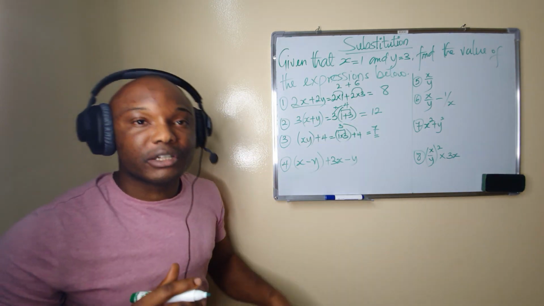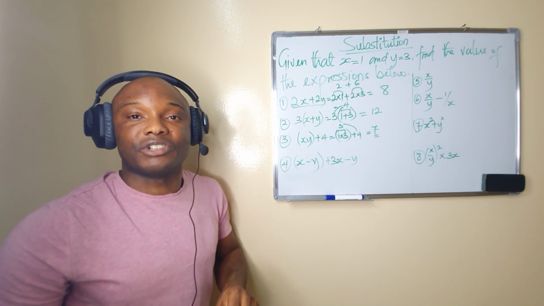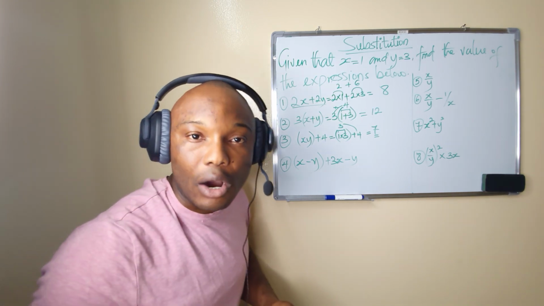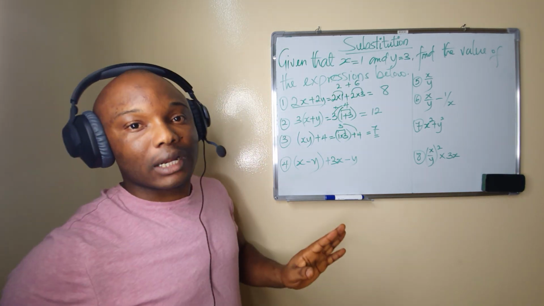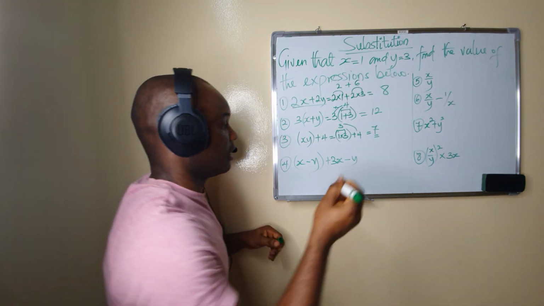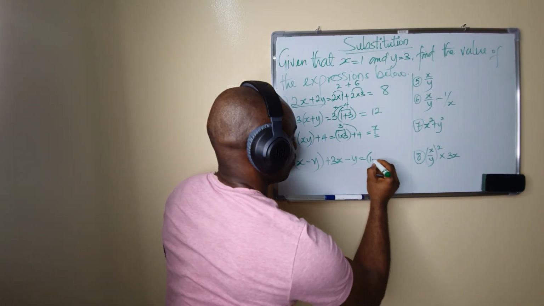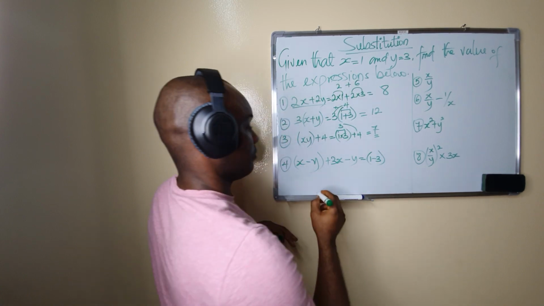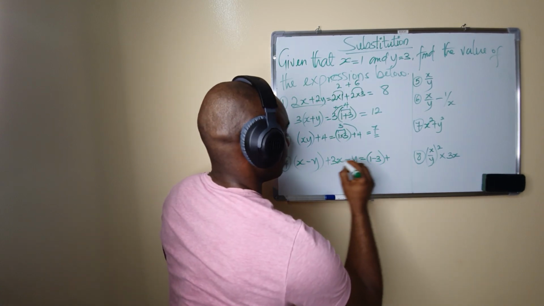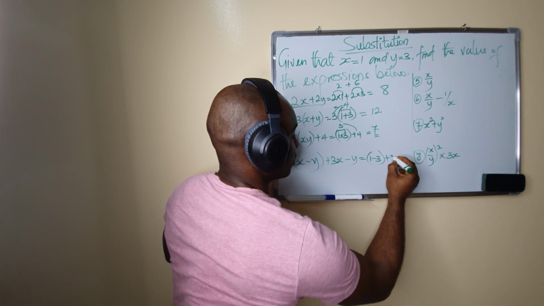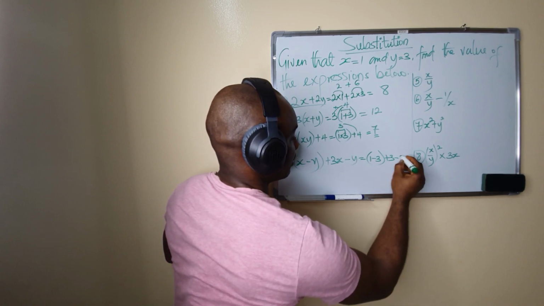Can you try the remaining ones? You can pause the video and give it a try. Okay, so how well did you do? Did you get all answers correct? Let's check it together. For this case, x minus y is 1 minus 3. I am going to add 3 times 1, which is 3 minus 3.